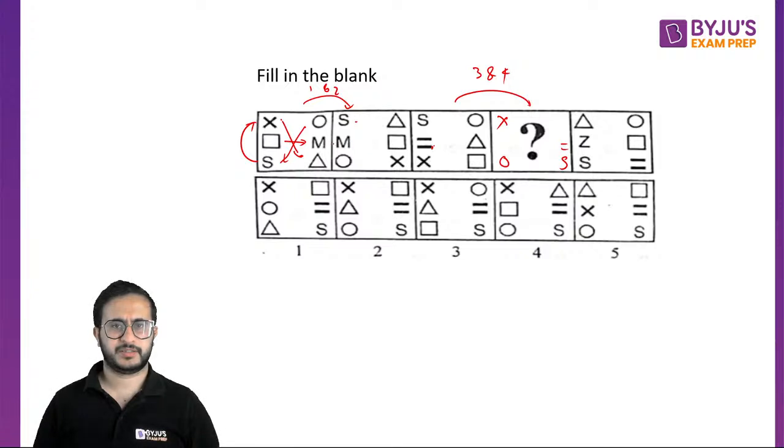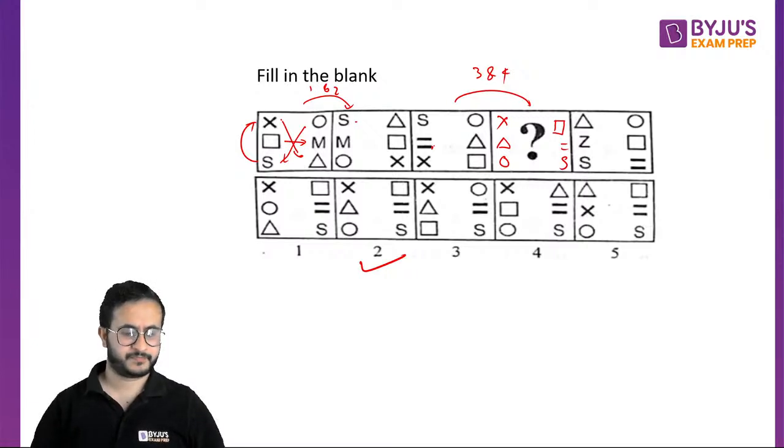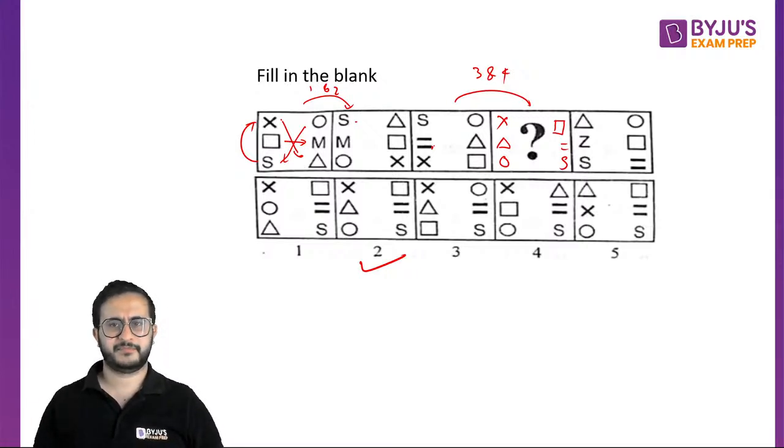Then this went this side, so the triangle will be this side, and then the square should come this side. So that is what has happened. For that reason it will be option 2. But that is not the correct thing. Ideally, that is not the correct thing.